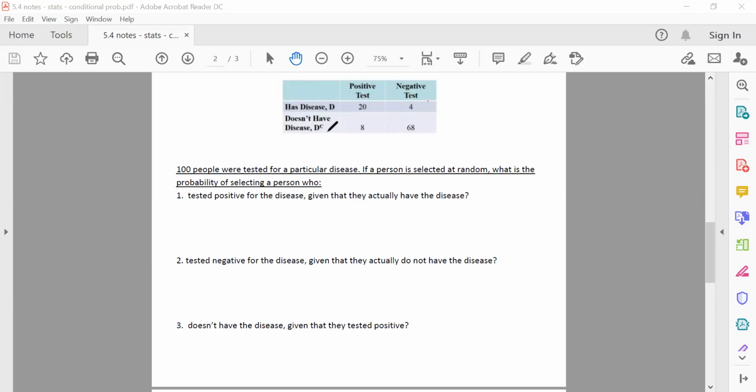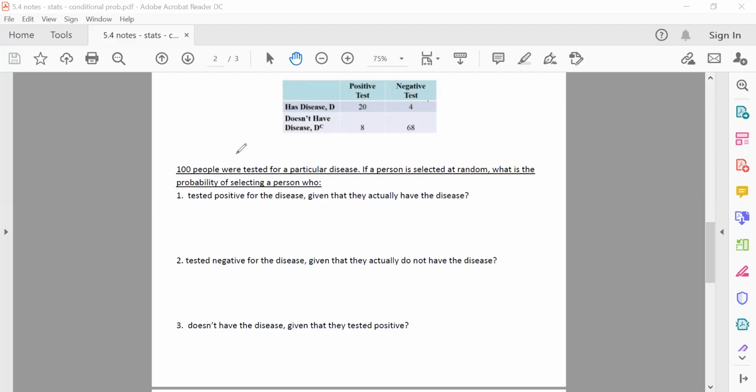Of those who do not have the disease, and they used D complement, I wish it was DC Comics, of those who actually truly don't have the disease, 8 of them are still going to test positive for the disease. 68 of them are going to test negative. So this 20 and this number 68, those are correct test results. Those are test results that are actually accurate. But these down here, the 4 and the 8, are test results that are inaccurate. They are wrong. And just testing has that built into it.